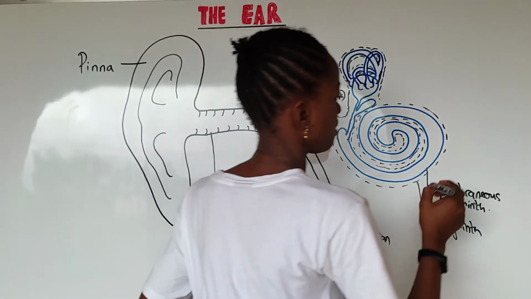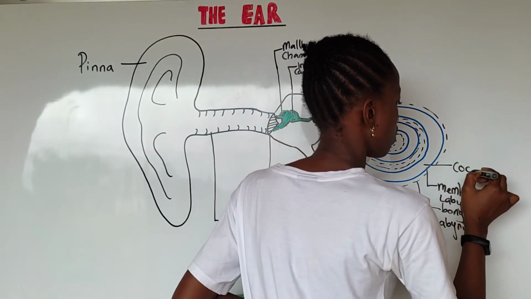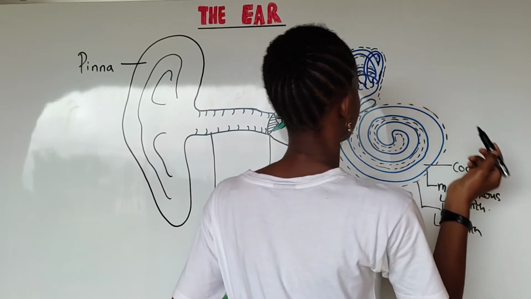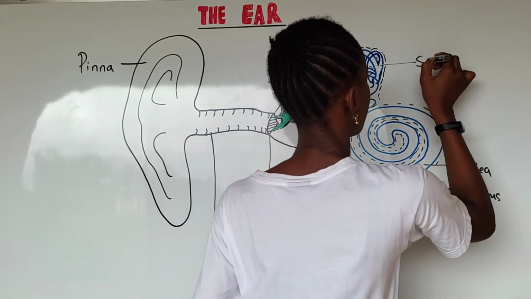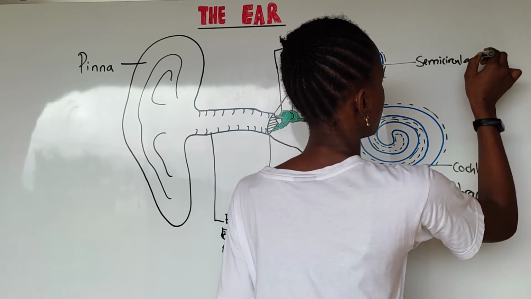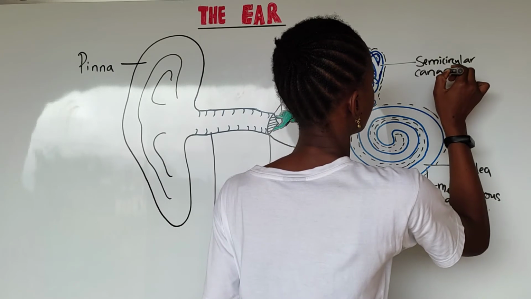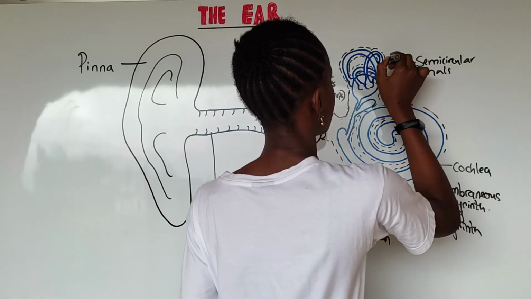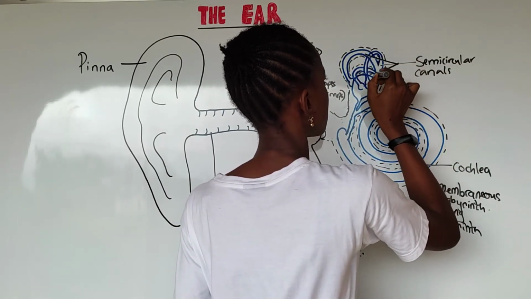Okay, so as I said before, this is the cochlea. This is the semicircular canals. These are the semicircular canals.